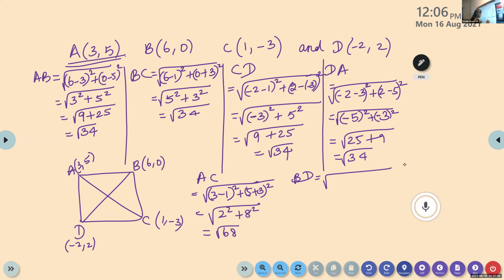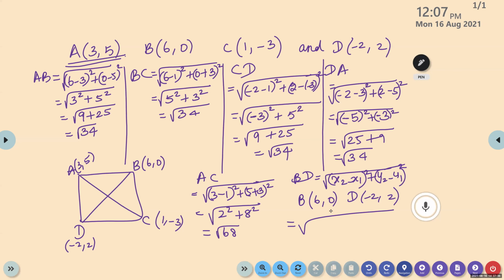Okay, now look at the vertex B. What about the vertex B? 6, 0, isn't it? And what is the vertex D? Minus 2, 2. Then try this. The one vertex you can take as X1, the other one as X2. See, X1, Y1, X2, Y2.